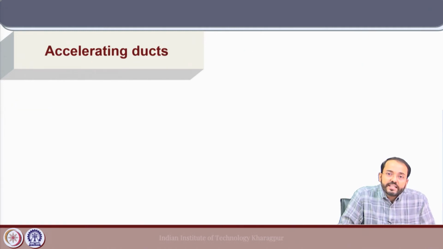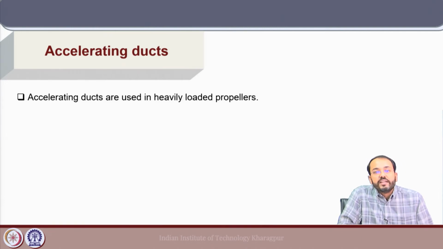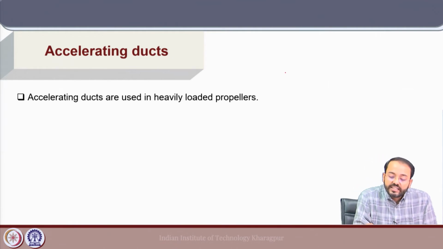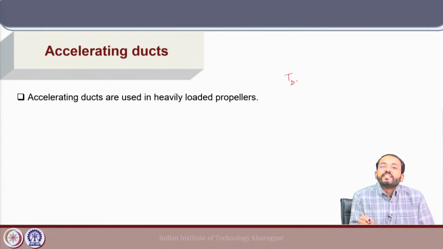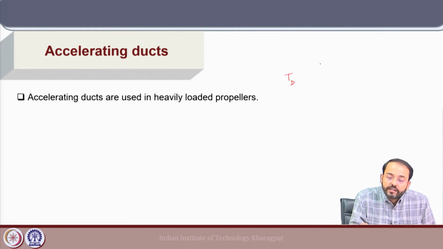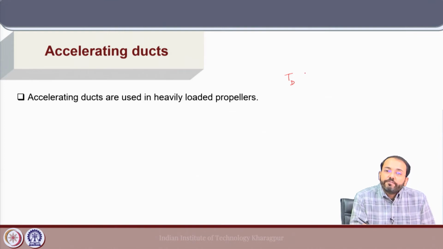In terms of application, the accelerating ducts are used in heavily loaded propellers, where the value of advance coefficient during the operation condition is low. So, in that condition, the duct provides a good fraction of the total thrust for the propeller system, and hence Td is an important factor in the total thrust of the propeller.